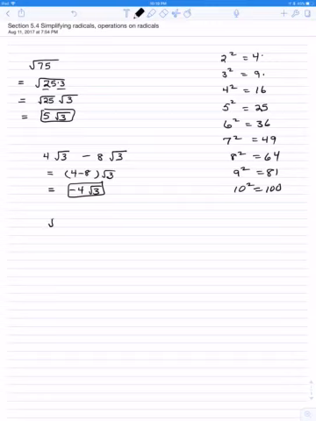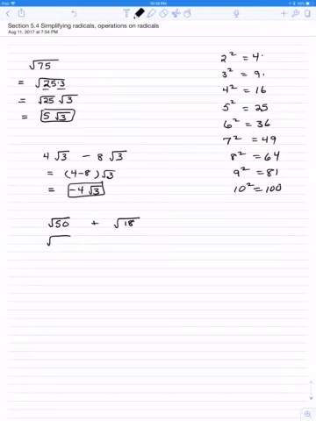Now, if the radicands, the number underneath the radical, are not the same, then we want to try to simplify these radicals. That is, I'll look at 50 and look to see if there's a perfect square factor that I could remove.